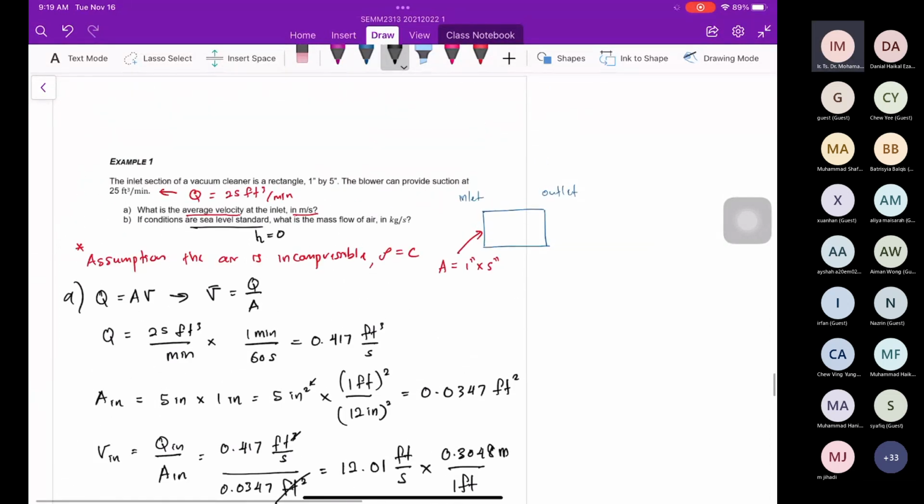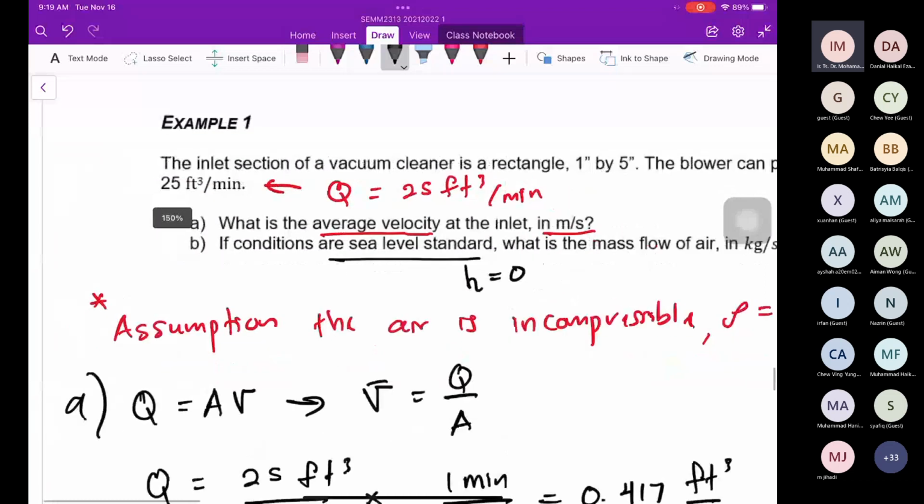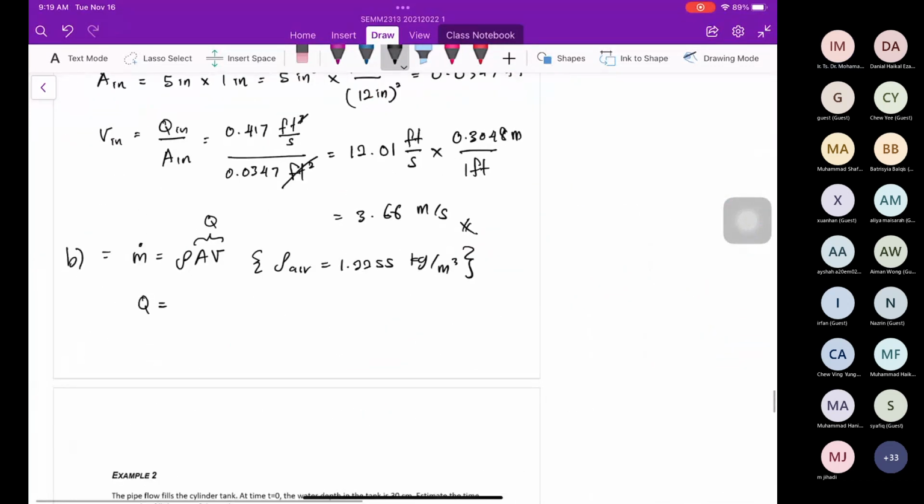Q here is 25 feet cube per minute, multiplied by 1 foot equal to 0.3048 meter, cubed, and then multiplied by 1 minute over 60 seconds.